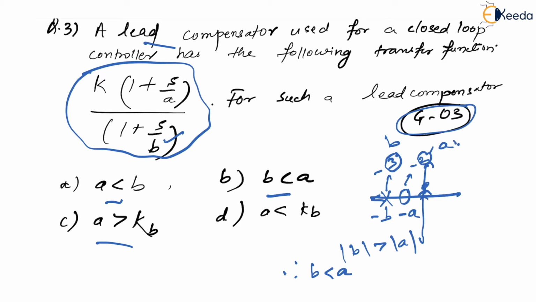This A which is 2 and this B which is 3: is 2 less than 3? Yes. Which means A is less than B, so it is option A. Getting my point? Problem solved. Let us see one more question.